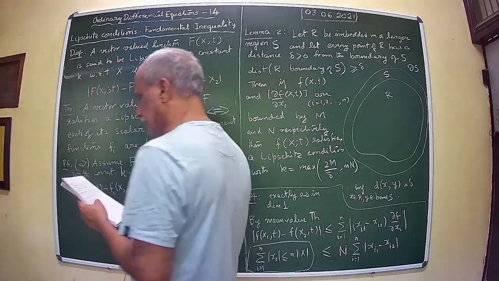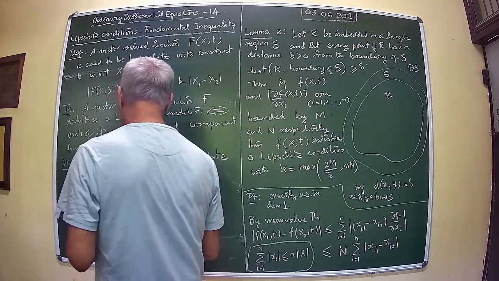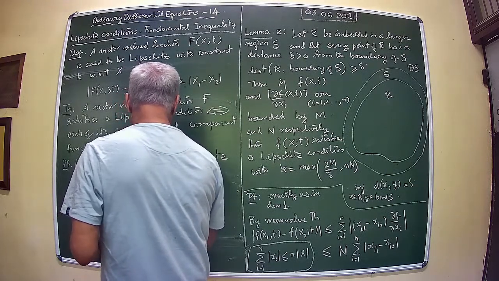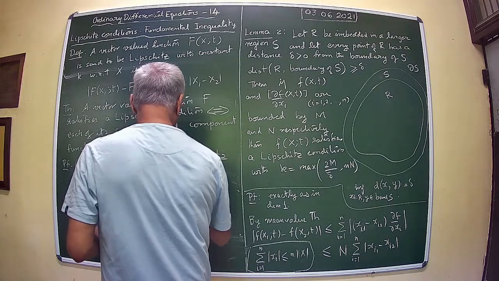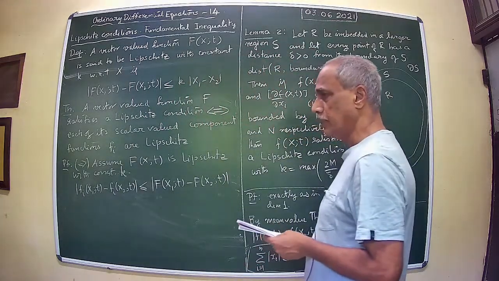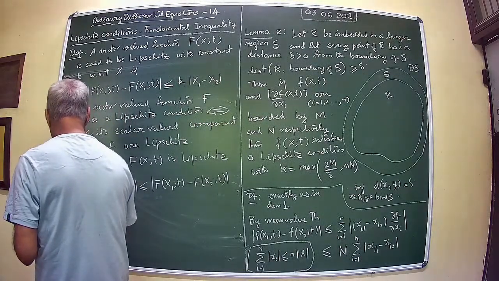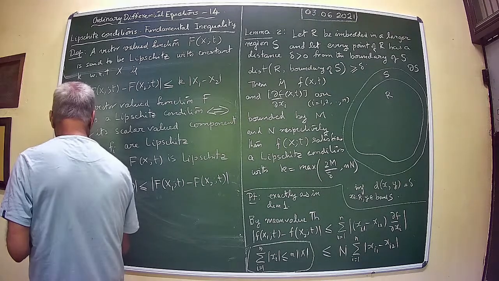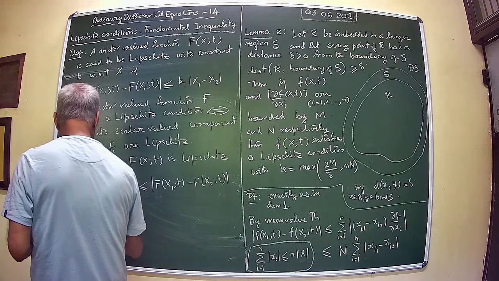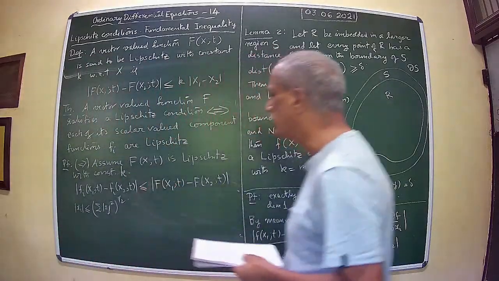This you see is less than or equal to the norm of F of x1 minus F of x2. Okay, this comes from the fact that mod xi is less than or equal to the norm of x; we are just using that inequality.